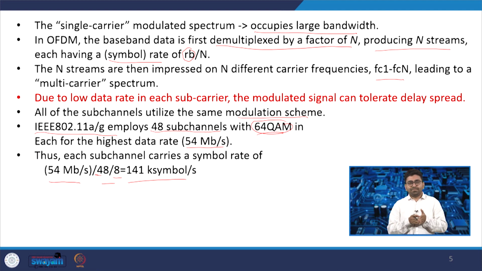So, the symbol duration will be increased. Generally for this standard it is around 4 microseconds. And one more thing I want to add here, that a guard interval is also added, a guard interval of a few microseconds.